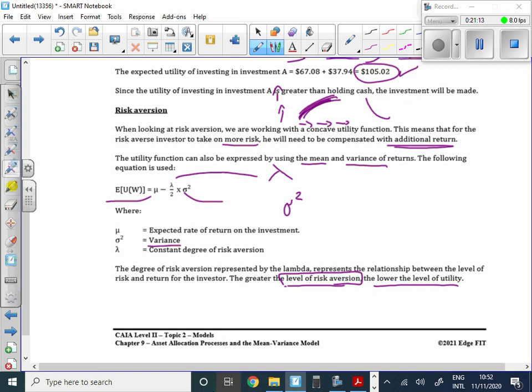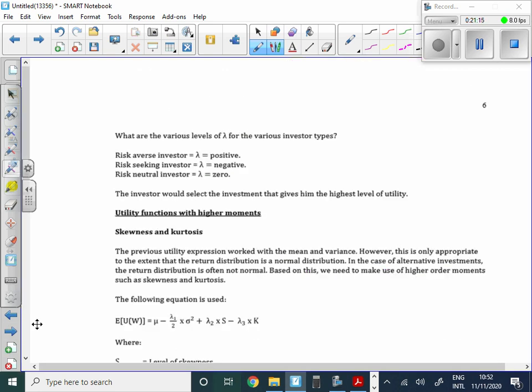Now, something that doesn't seem to be so intuitive. The risk averse investor has a positive lambda, whereas a risk seeking investor has a much lower lambda, which of course is not so intuitive.